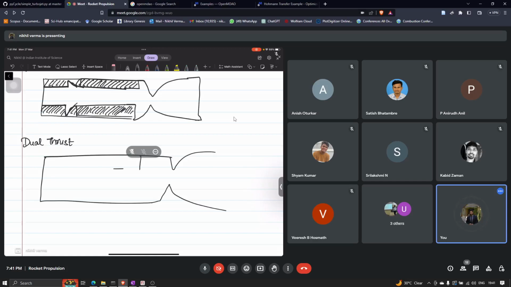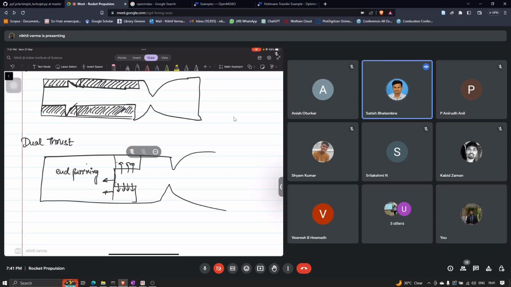In one part you can have end burning grain, and in this part you can have a radially outward propagating flame. So in these two cases, initially you will get progressive burning, and later the thrust will become constant. Neutral burning. After that, it will be neutral burning.